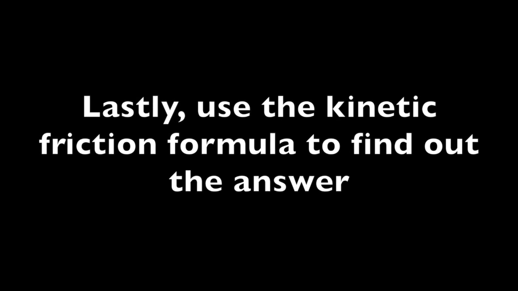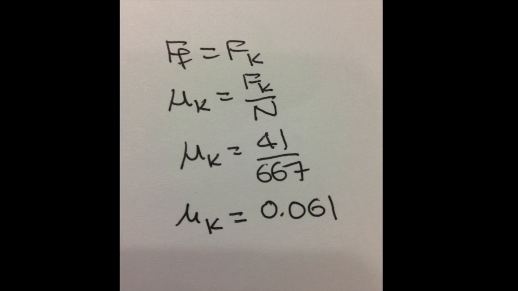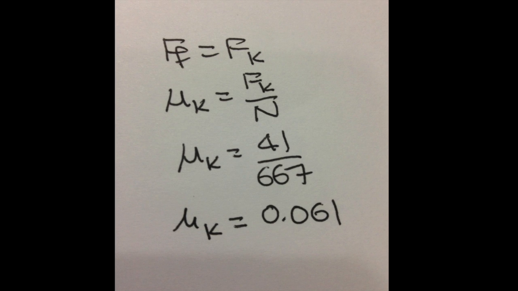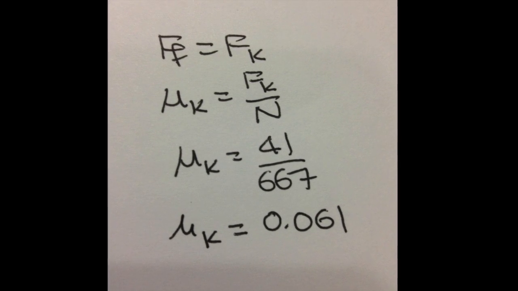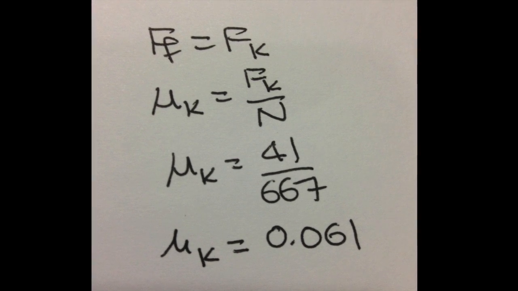And lastly, we can use the kinetic friction formula to find the answer. Friction force is equal to kinetic force. So we can use friction force to find mu k for our answer, which is going to be 0.061. And that will be our final answer for part A.